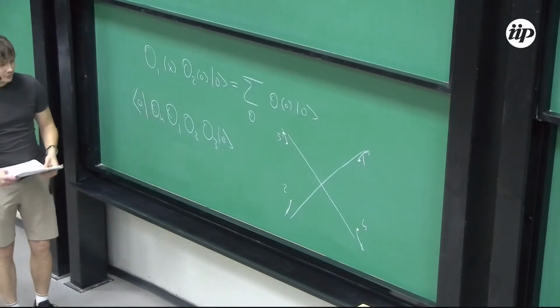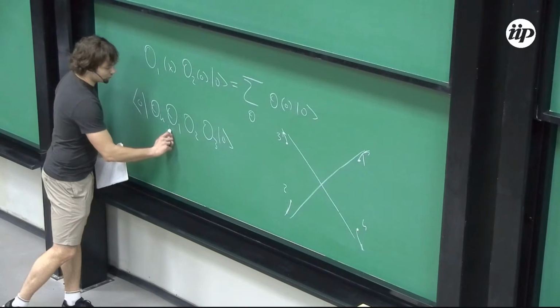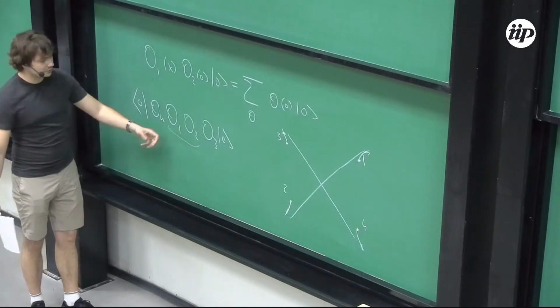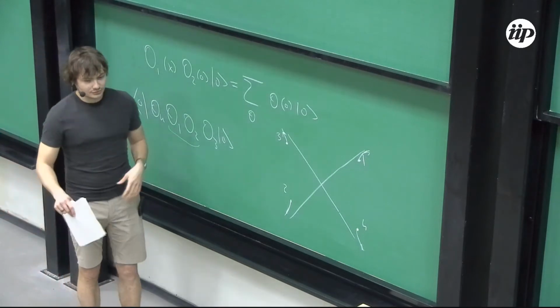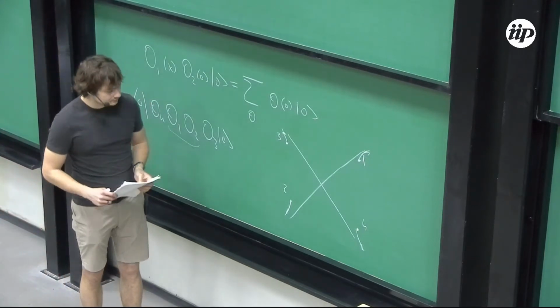And indeed, if you try to use OPE between O1 and O2 here, so you write the conformal block expansion, you figure out what it means to compute this Wightman function, and you find that this conformal block expansion does not converge.